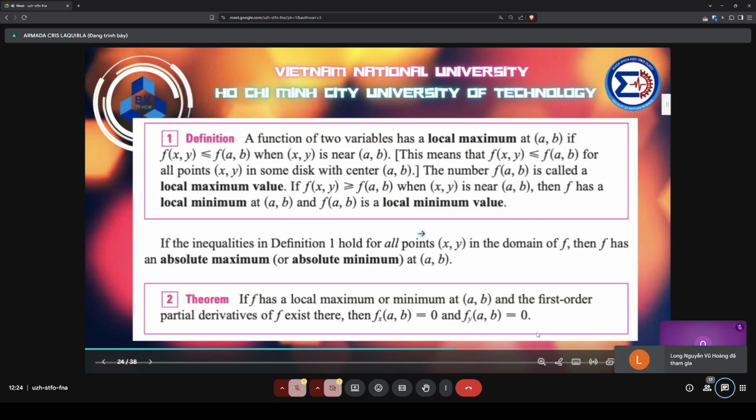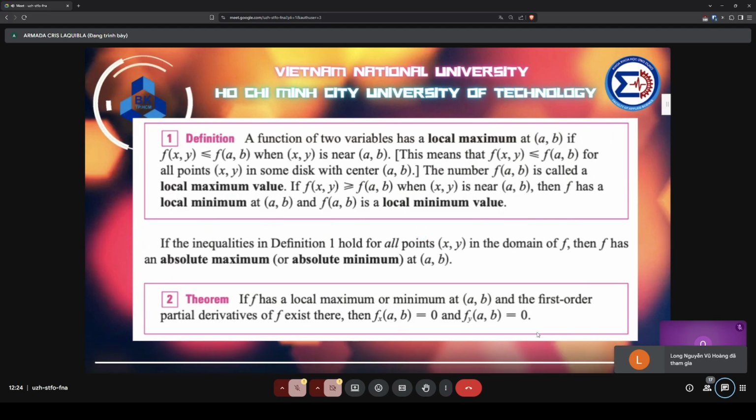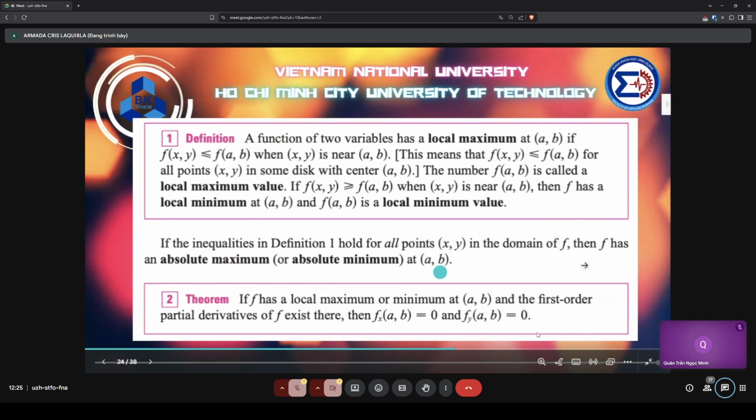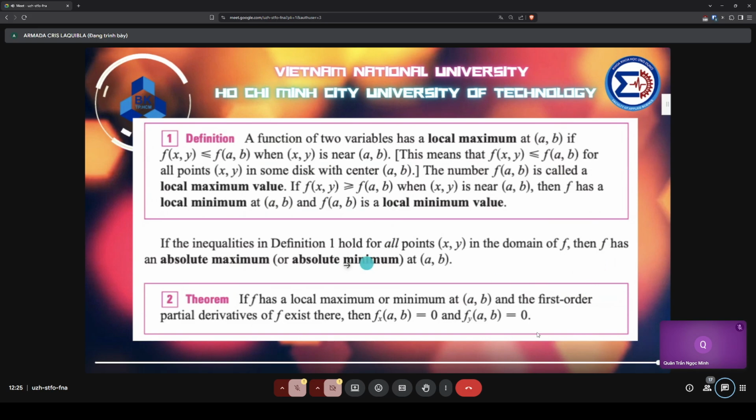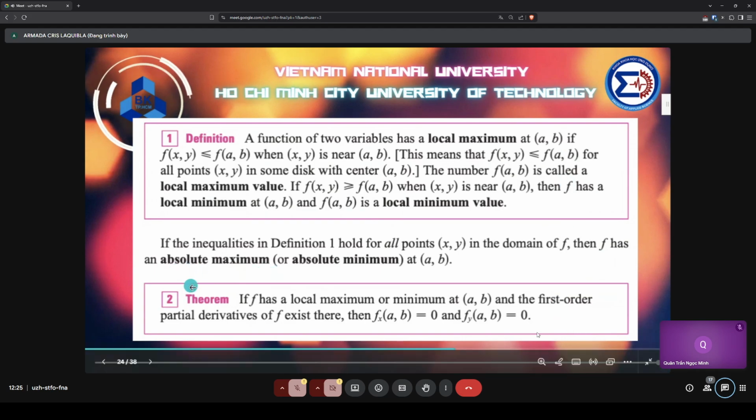Now, if the inequality in definition 1 holds for all points x, y in the domain of f, then f has an absolute maximum. Again, if for all the points x, y, f of x, y is less than or equal to f of a, b, then a, b is the absolute maximum.